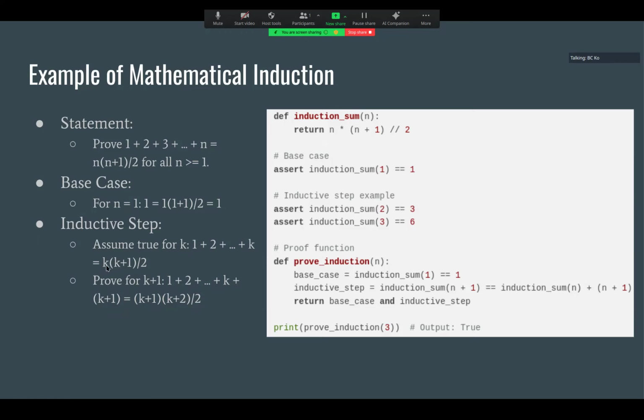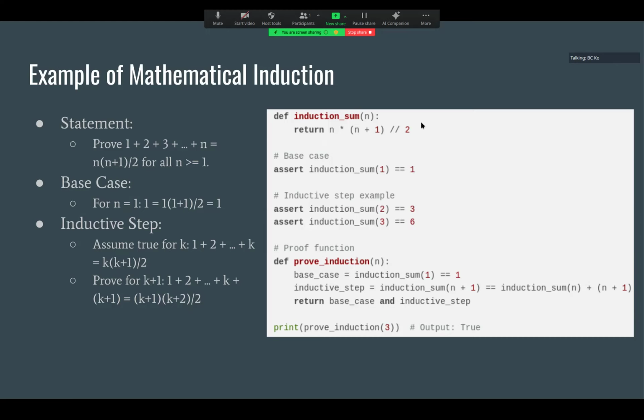So the first k becomes k plus 1, and the k plus 1 becomes k plus 2, because we're adding 1 to it. And since we know that the base case and the inductive steps are true, the statement is proven for all n greater than or equal to 1.